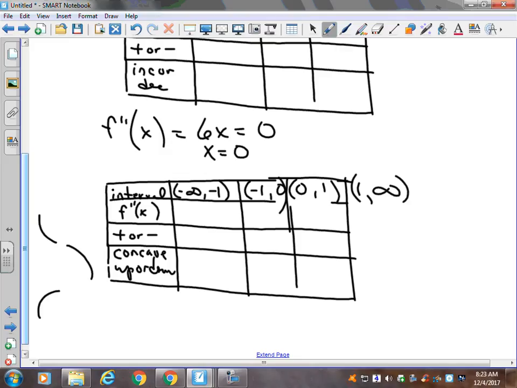If it stays concave up and concave up, it makes a min, and if it stays concave down and concave down, that makes a max. So by seeing the sign changes, when the sign changes, the second derivative shows an inflection point. When the sign changes in the first derivative, it shows as maxes or mins. It's right the opposite. Does that make sense?